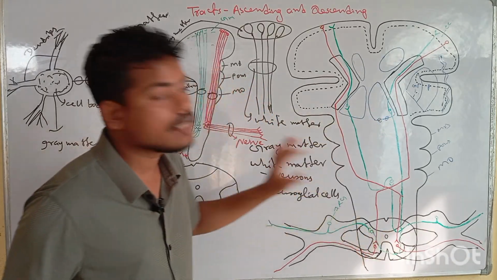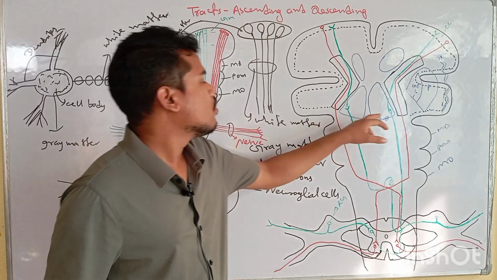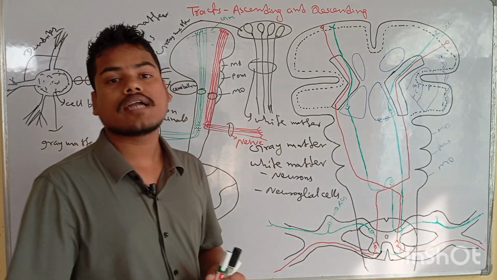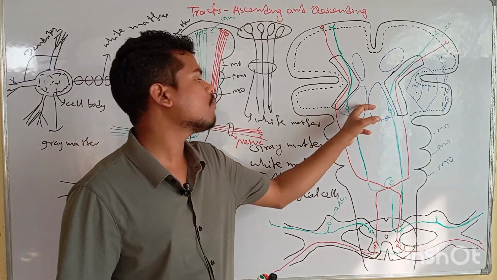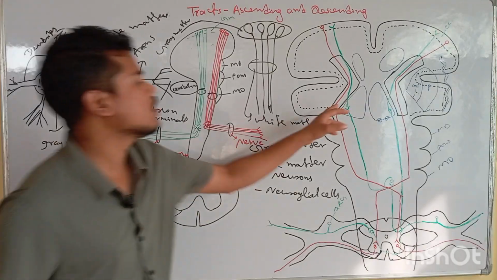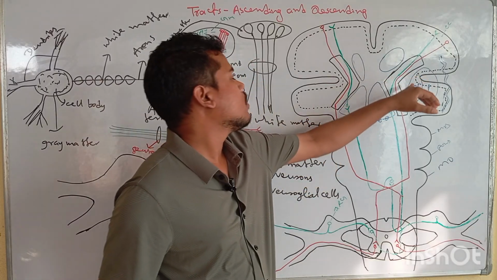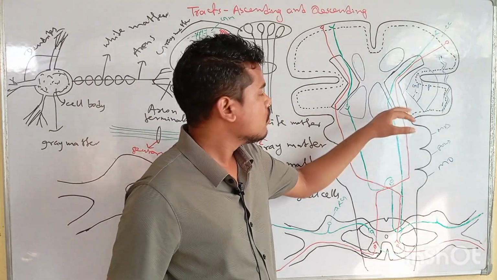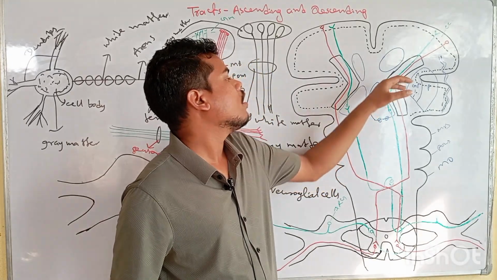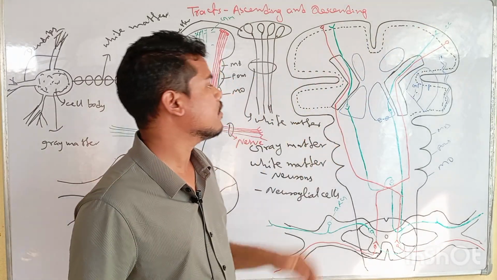One is that all the sensory fibers except the olfactory fiber will synapse at the thalamus, so this thalamus is a great structure of gray matter, because here is the collection of cell bodies, and then either it will terminate here, or it will go to the cerebral cortex or some other parts of the brain.